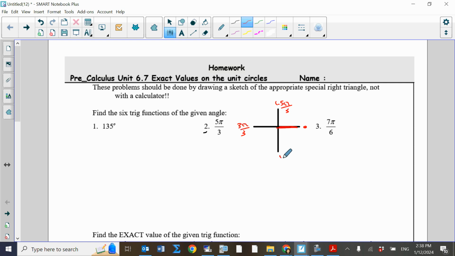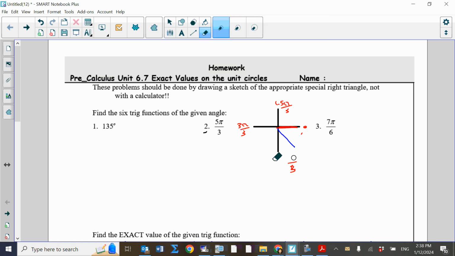Now here will be 4.5 pi over 3, and this one will be 6 pi over 3 if we make a full circle. So 5 pi over 3 is going to be somewhere between 4.5 and 6. So this is my angle.